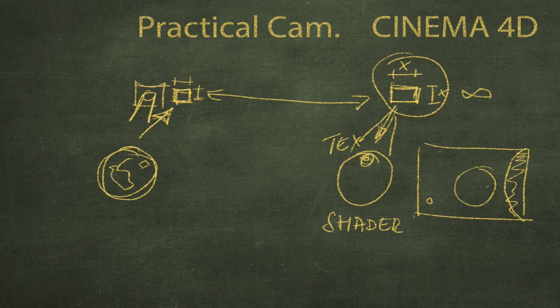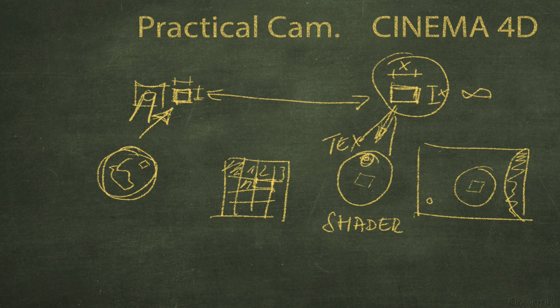For that we normally have a color grid. That's just a texture that looks like a checkerboard, but has different colors, and each color has maybe a number on it. And we wrap this around, and each of these squares should have a certain amount of pixels in it. So when we see a square on that object in the camera finally, we know this is maybe 100 or 200 pixels wide.